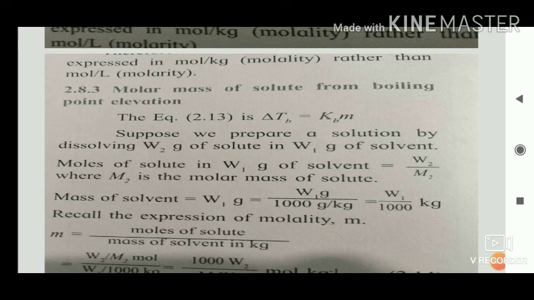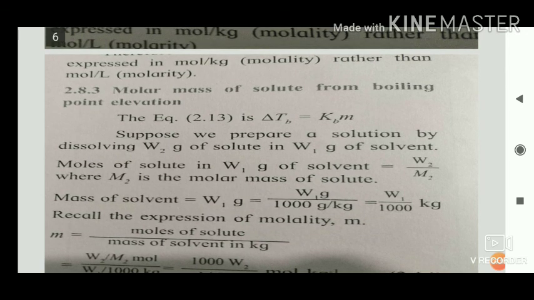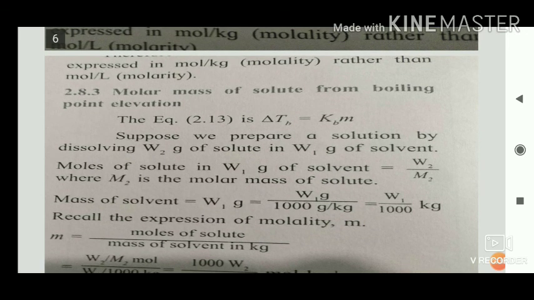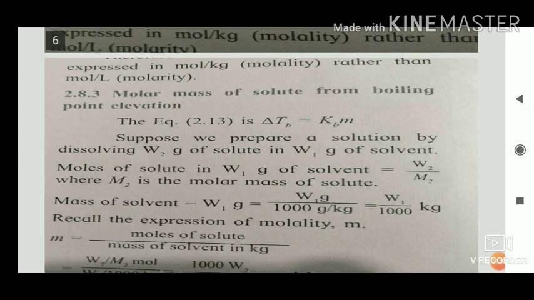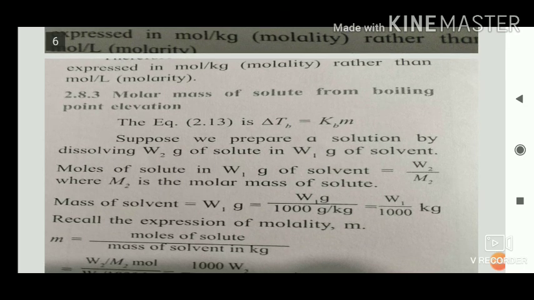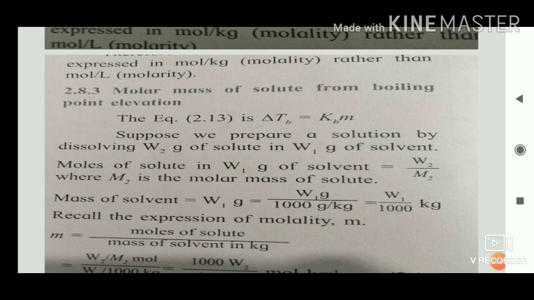Moles of solute in W1 gram of solvent is equal to W2 upon M2, that is W2 means weight or mass and M2 means molar mass. Thus, moles are given by mass divided by molar mass. Mass of solvent W1 gram is equal to W1 gram divided by 1000 gram, or kilogram, equal to W1 upon 1000 kilogram.